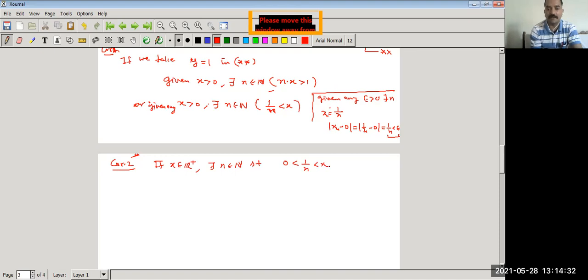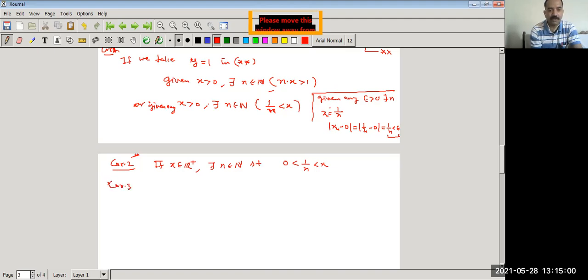So 1 upon n is always greater than 0, and it is less than x. The second part again comes from corollary number 1. We have already proved that 1 upon n is less than x, but here 1 upon n is greater than 0 and 1 upon n is less than x if x belongs to R positive.